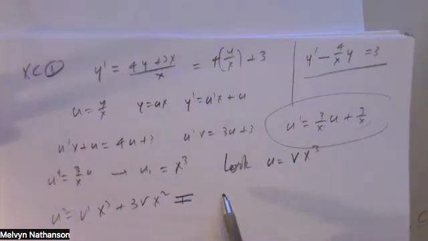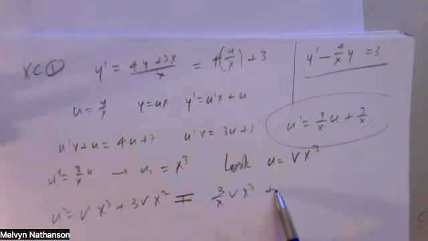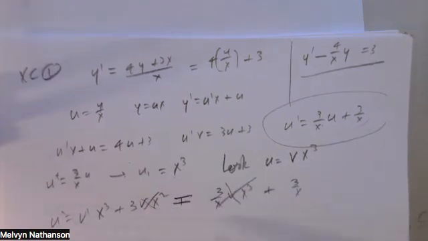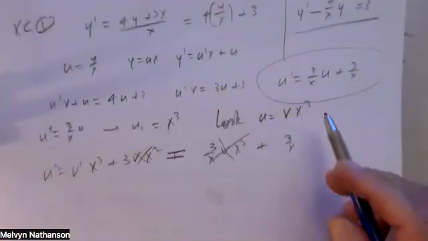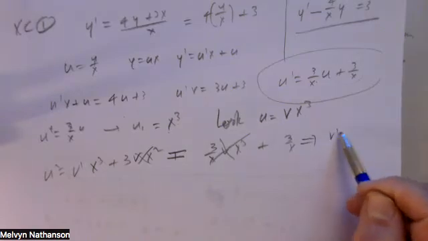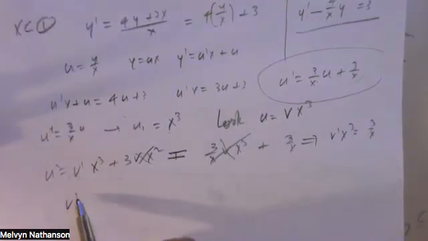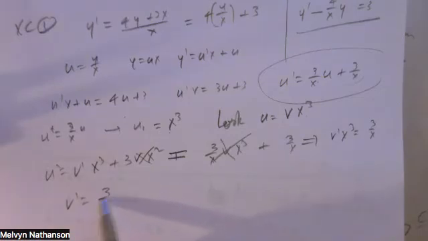And this is supposed to equal 3 over x times u plus 3 over x. So this is 3vx squared. This cancels this. So we get v prime x cubed equals 3 over x. V prime is 3 over x to the 4th.